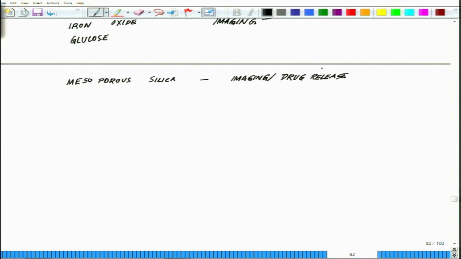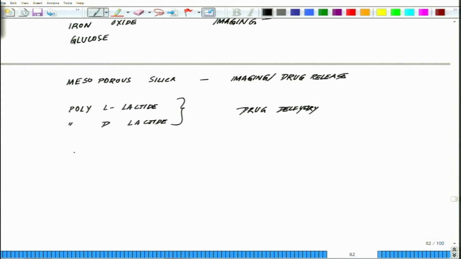Similarly, poly-L-lactide, poly-D-lactide and polyacrylic acid are used for delivery of therapeutics, again drug delivery. In other words, these are all molecules which are used for controlled release.